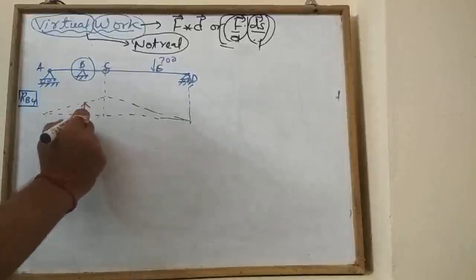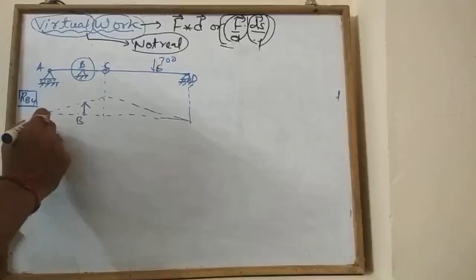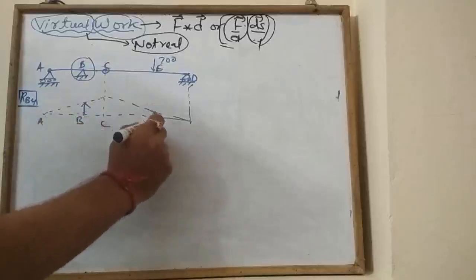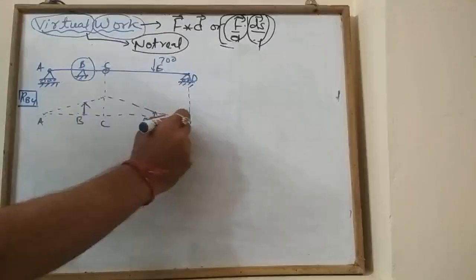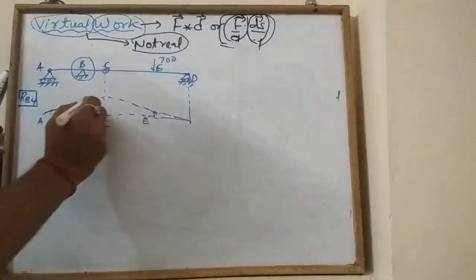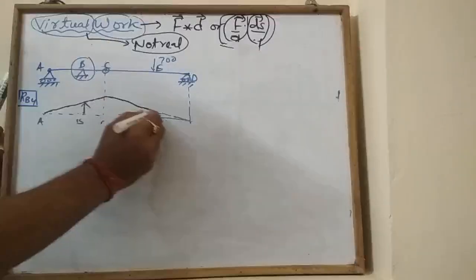So this is B, this is A, this is C, this is E, so this will be the displaced position of the beam.